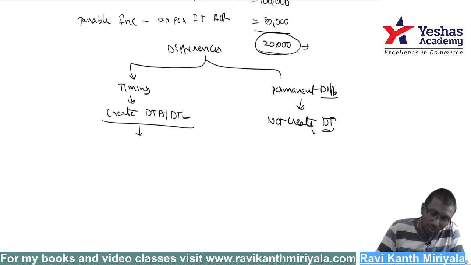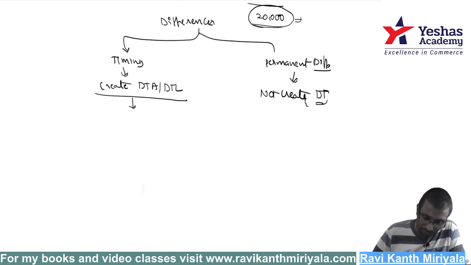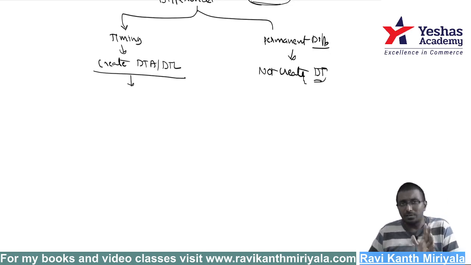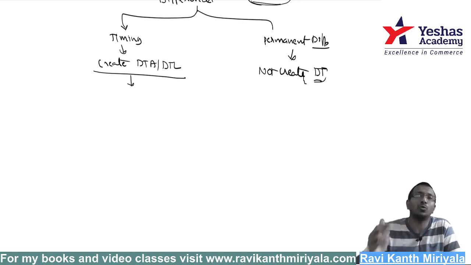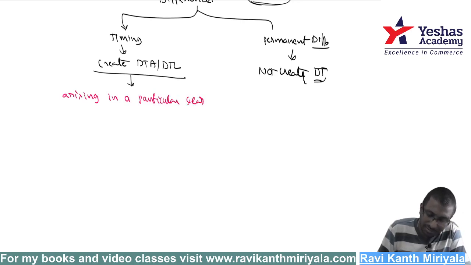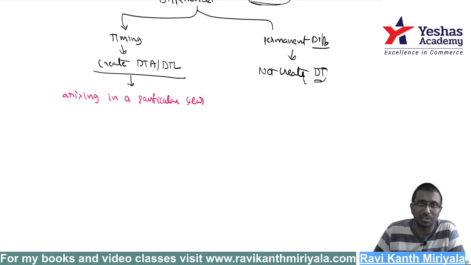But before that, what is a timing difference, sir? That is what is required. We will learn that. A timing difference is a difference which arises in one particular year and which is capable of being reversed in future years. It may arise in the current year, or it might have already arisen in the last year.